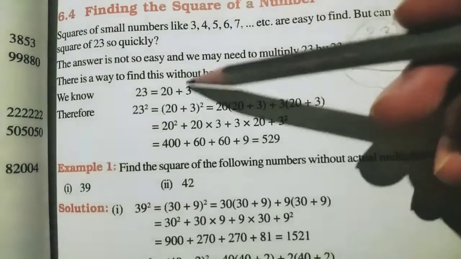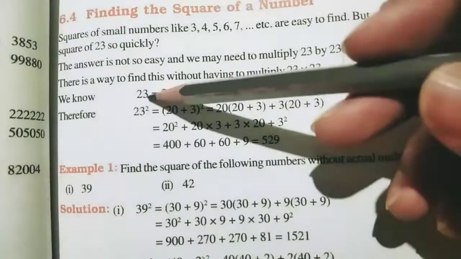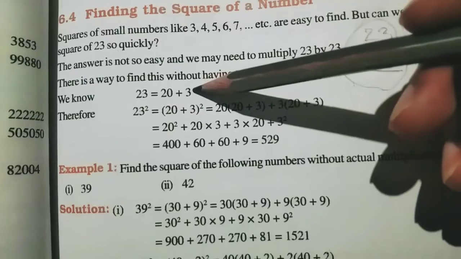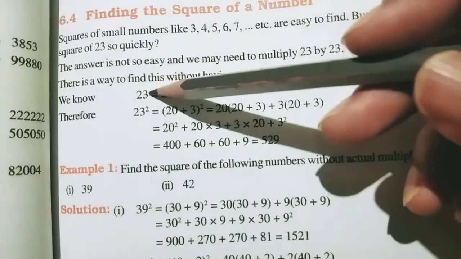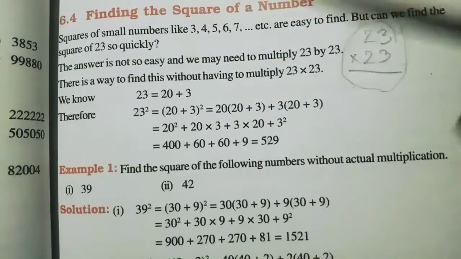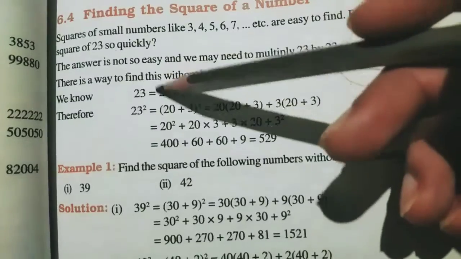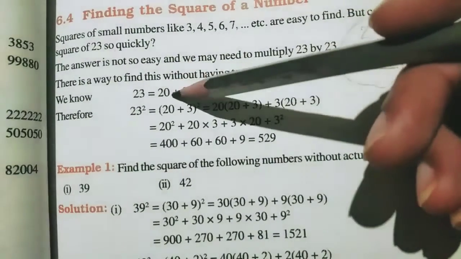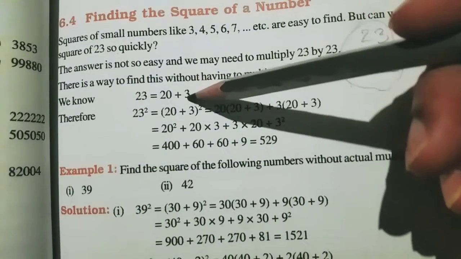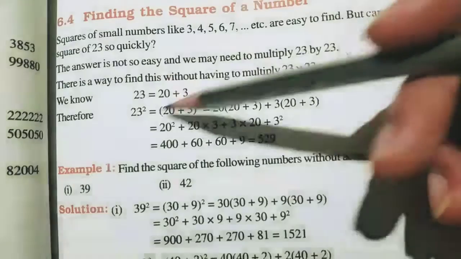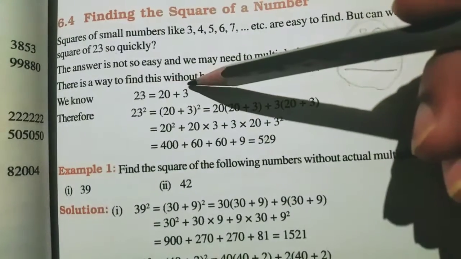So always try to make a simpler number. So it can be written as 21 plus 2 also. It can be written as 19 plus 4 also. Many ways you can break this number, but we'll take the easy one, because here 0 is there, and here it is one small number 3. Okay, in this way, first of all we'll break that number.